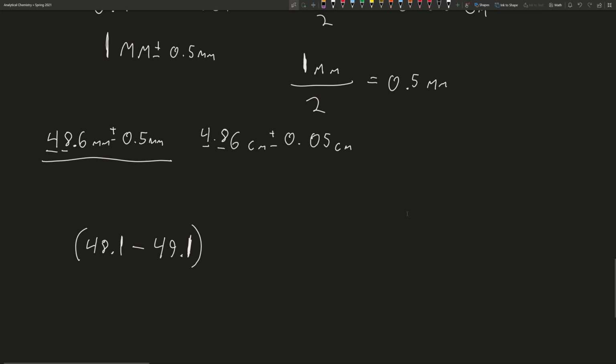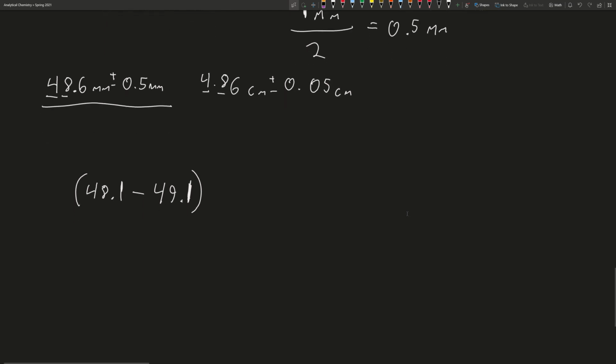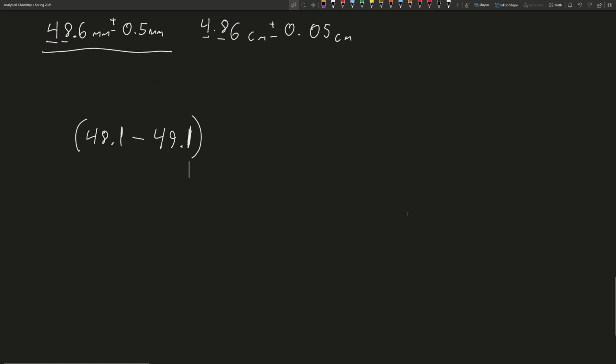This gives us the final rule of significant figures that I want to talk about, and this is what you could actually consider to be the true ruling of significant figures.